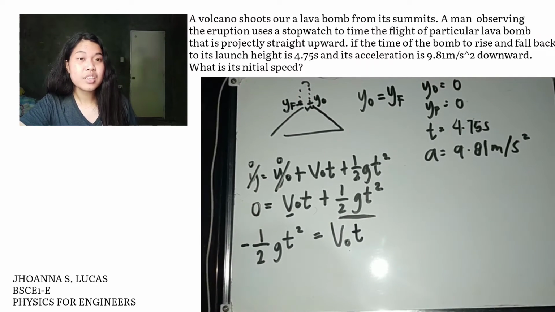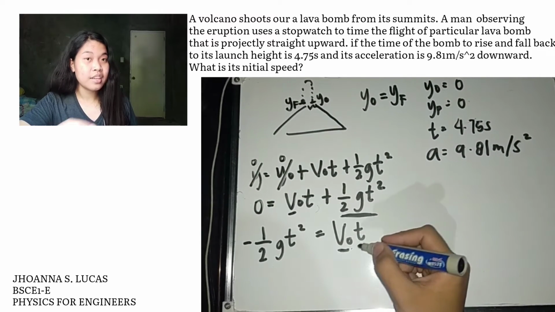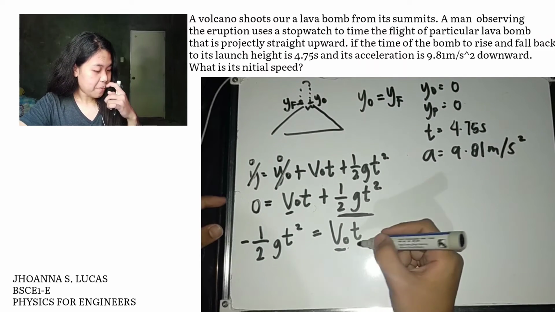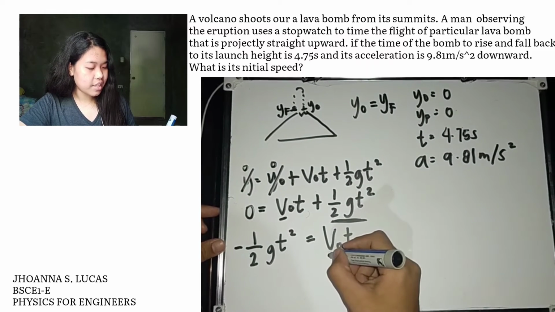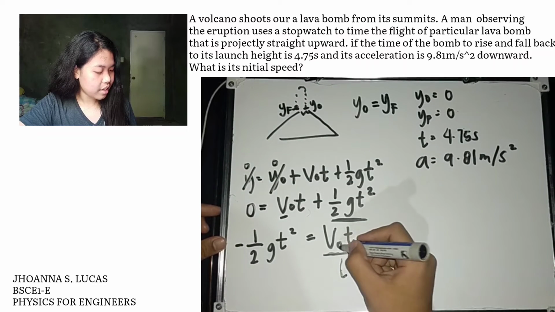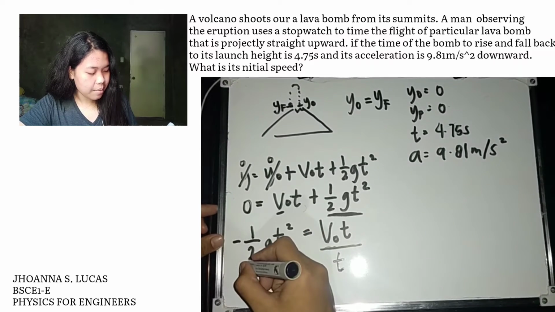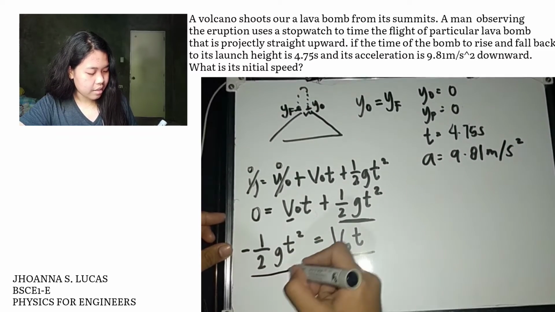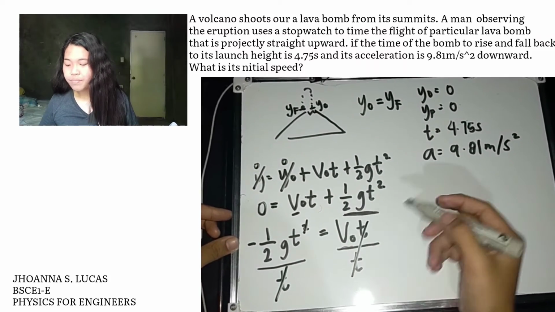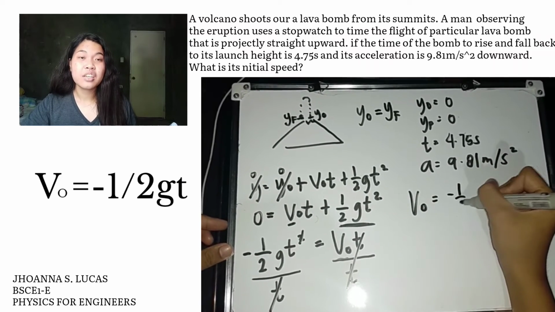Since we just need the initial speed, we will cancel the t, or the time, at the side of the initial speed. So, let's divide it by t for us to cancel it. So, v sub o t over t, and negative 1/2 times g times t squared over t. So, let's cancel the t. So, our equation now will be v sub o is equal to negative 1/2 times g times t.